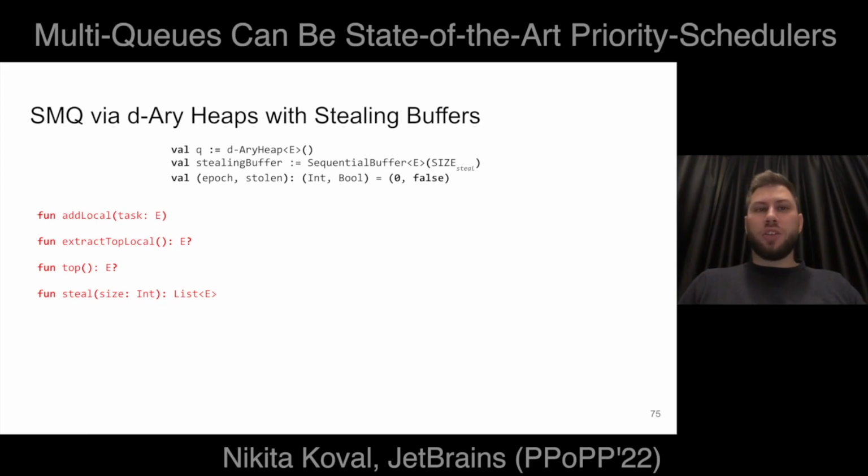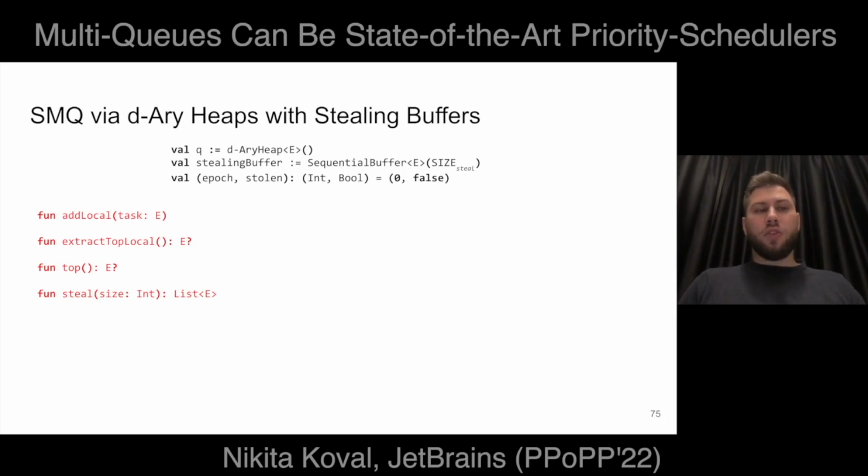So the structure is the following. For each thread, we have a DRE heap. Also, we have a sequential stealing buffer of the specific size, and to synchronize accesses to the buffer, to synchronize the stealing procedure, we maintain the epoch counter and the stealing flag atomically.